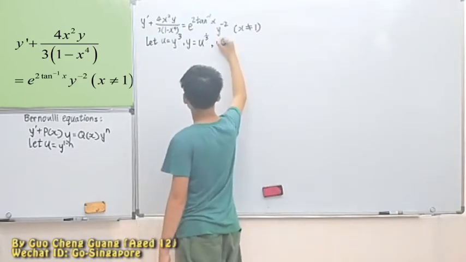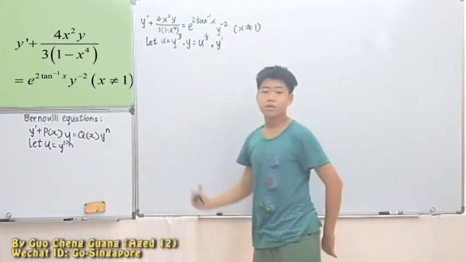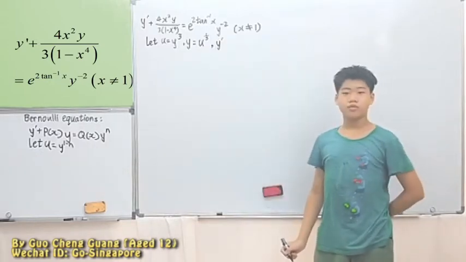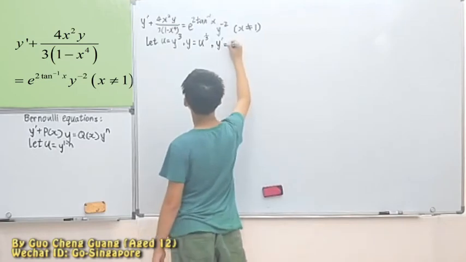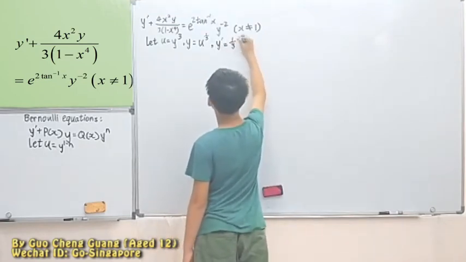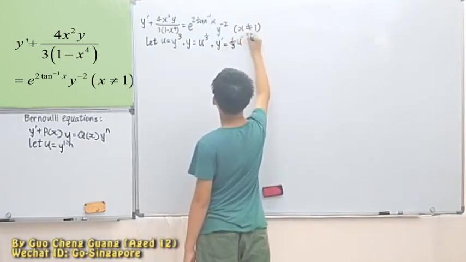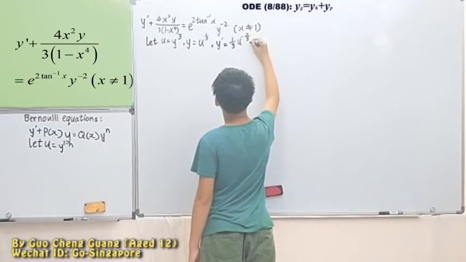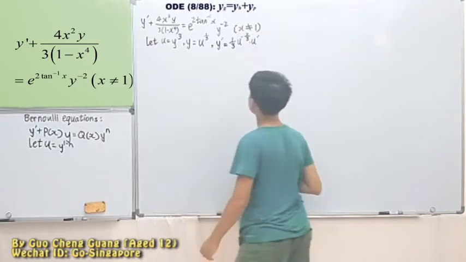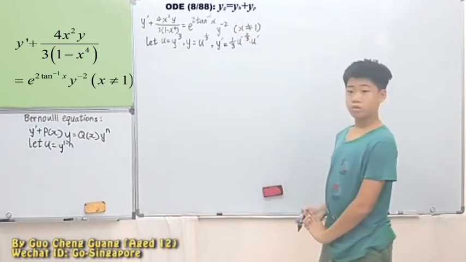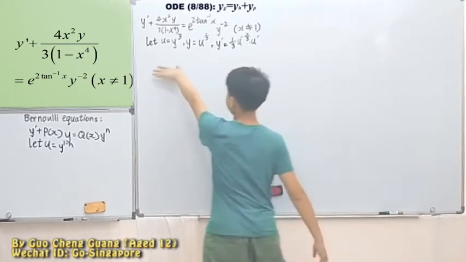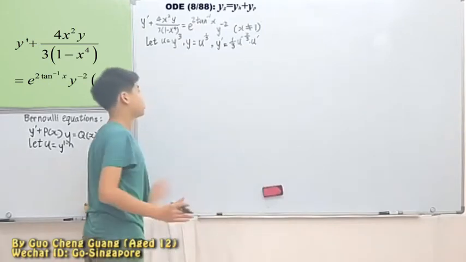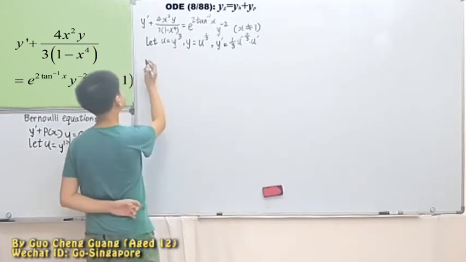Then after that, we still need to find the first derivative of y. Okay, so we have found these. So the next part is just to stuff all of these inside.